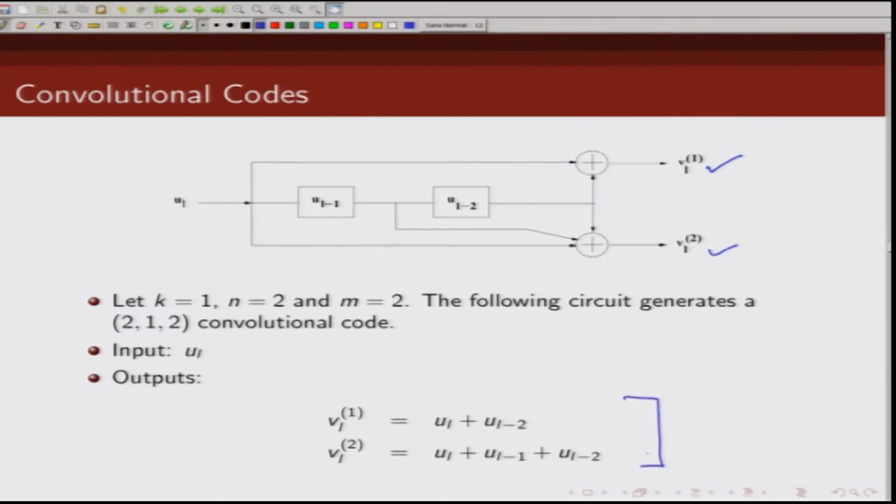You can see the difference here: the output not only depends on the current input, but it also depends on past inputs. Similarly, in a convolutional code the output depends on past inputs and outputs. Okay. So, that is one of the major differences between convolutional codes and block codes.